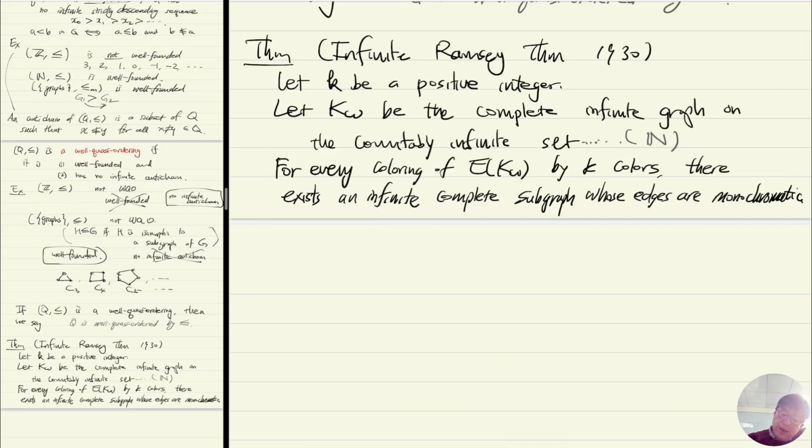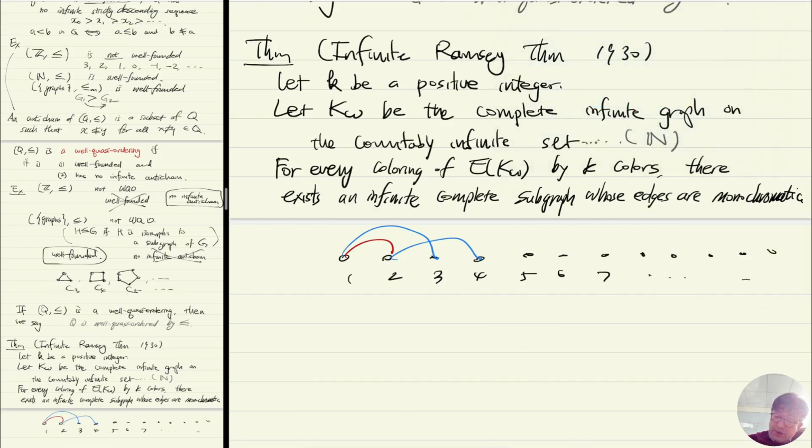Right. So imagine that these are the vertices, 1, 2, 3, 4, 5, 6, 7, continuing forever. So I have colors. Maybe this is blue. Let's say I'm using only 2 colors.